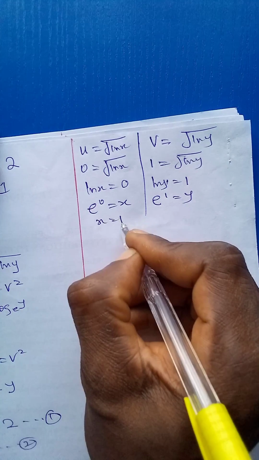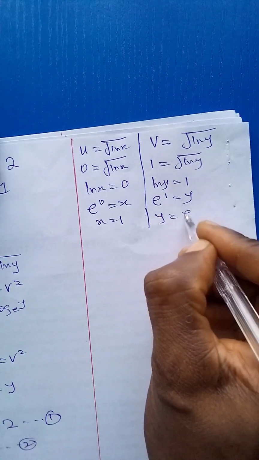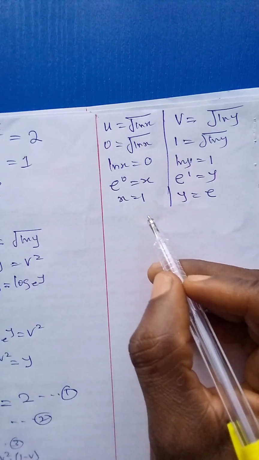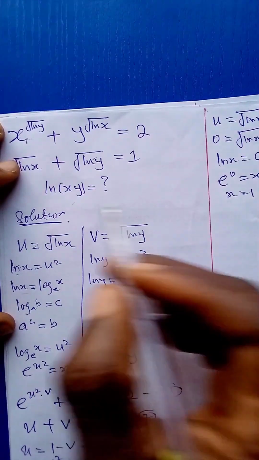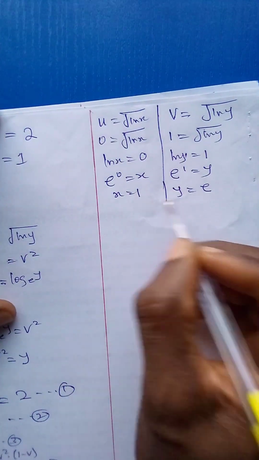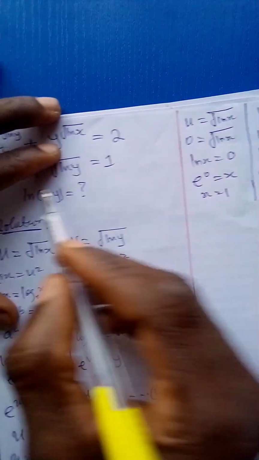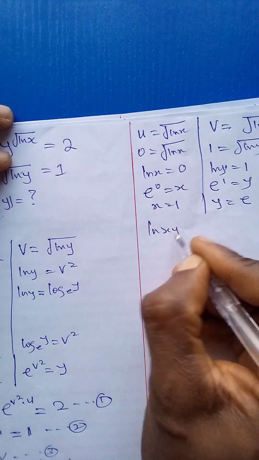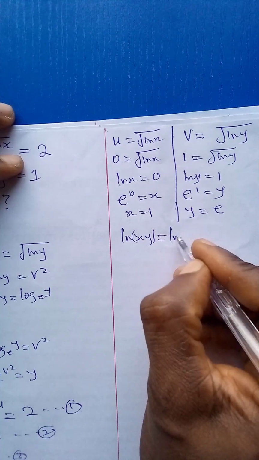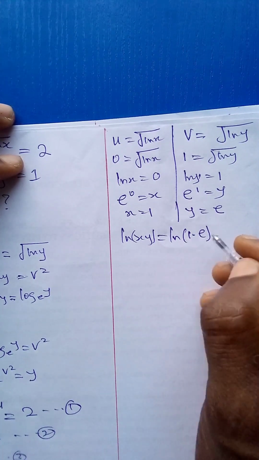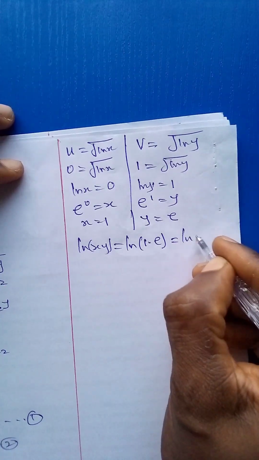Therefore, x is equal to 1 and y is equal to e, since e raised to power 1 is still e. Let us recall that we are required to find the value of ln xy. So if we plug in 1 and e for x and y in this, we'll have ln xy is equal to ln of x, which is 1, times e, which is y, equals ln e.